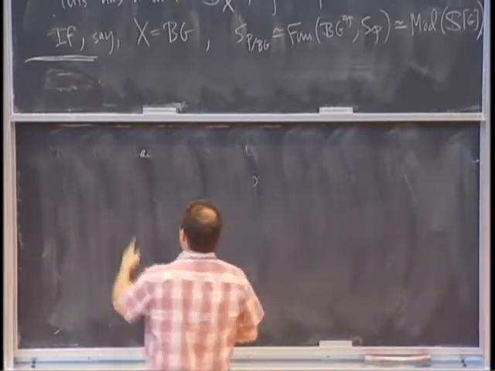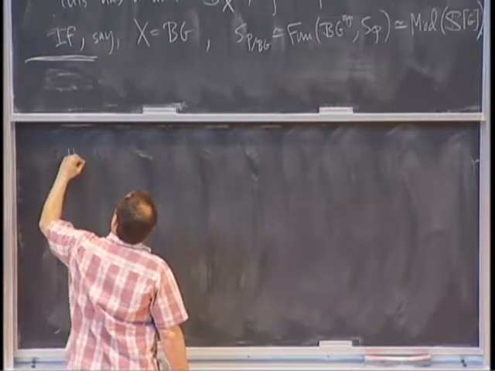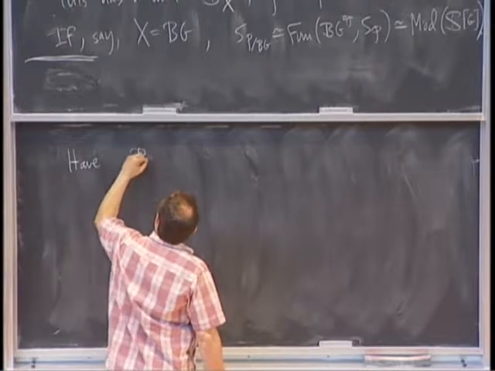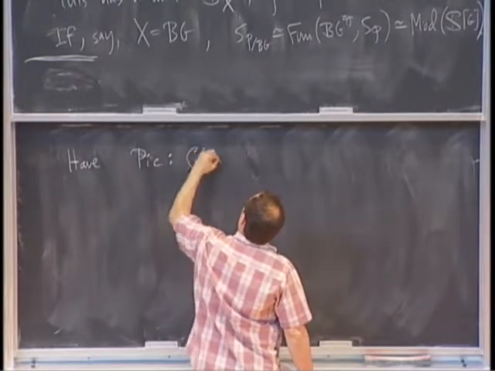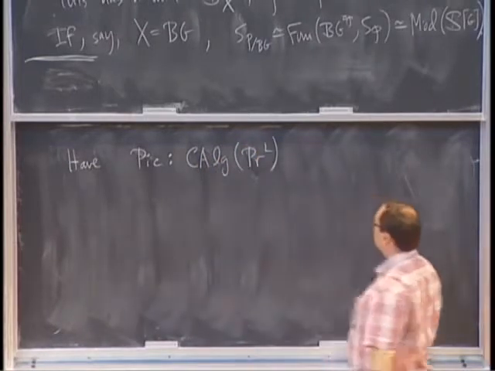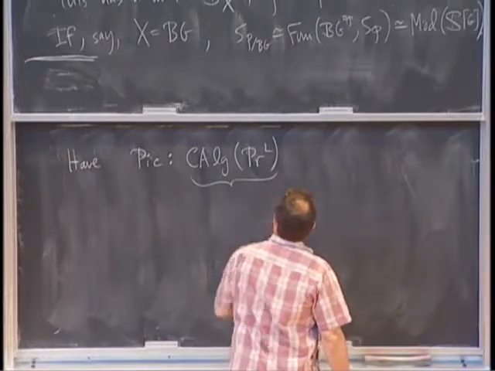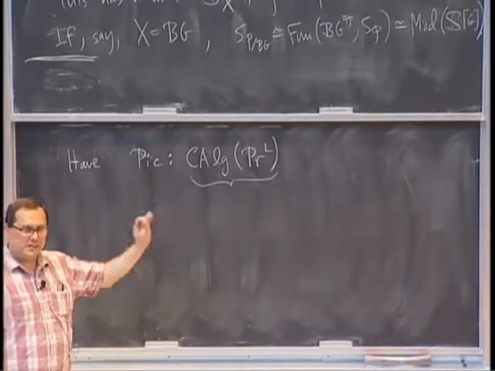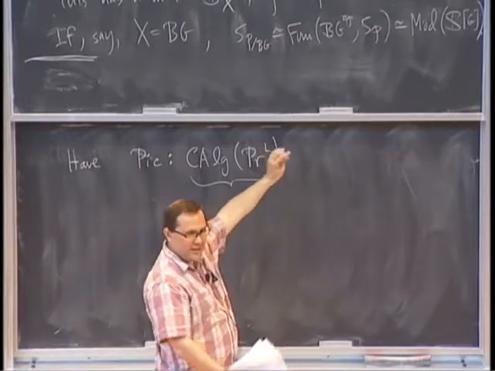We have the Picard functor from commutative algebra objects in presentable infinity categories, which, if you don't have an intuition for what this is, even though I've been using it for the past 15 minutes, I apologize.